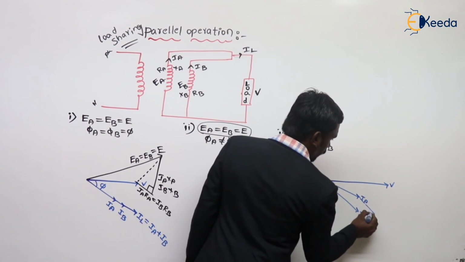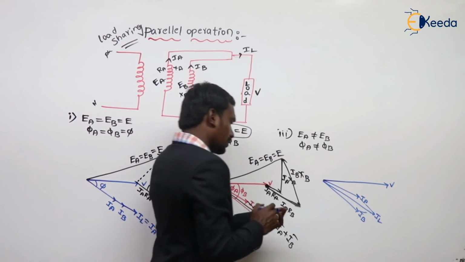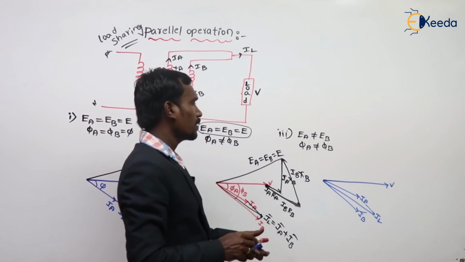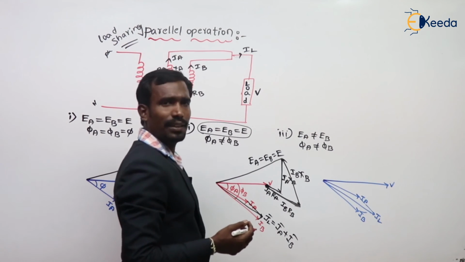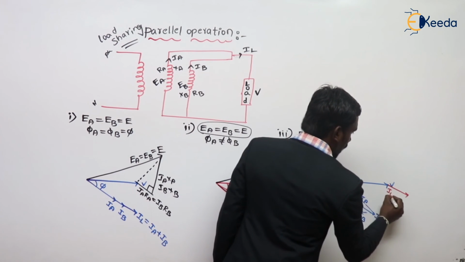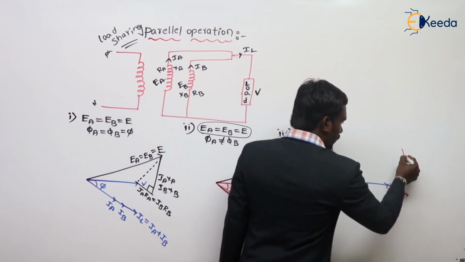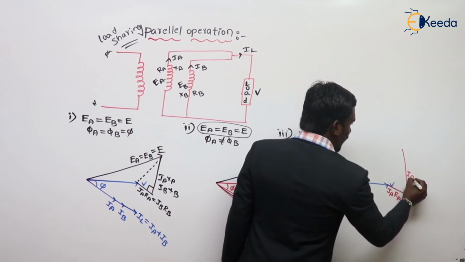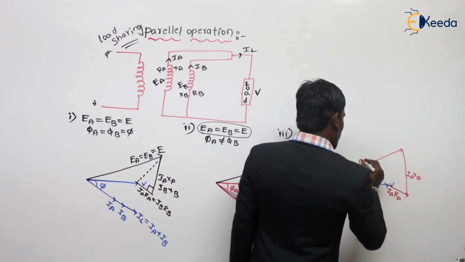Of course, the vector sum of these two is taken as IL because they are out of phase. Now IA is there, IARA should be there, and perpendicularly IAXA, and this is EA.